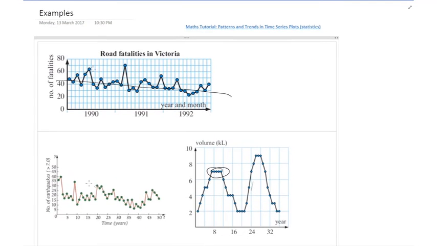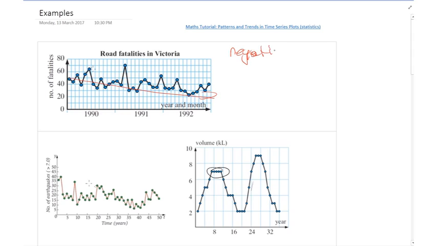Road fatalities in Victoria. Okay, so what we've got to look at here is, if you look at that, it's got a negative trend to start with. Negative trend, and we think, does it have any seasonality to it?